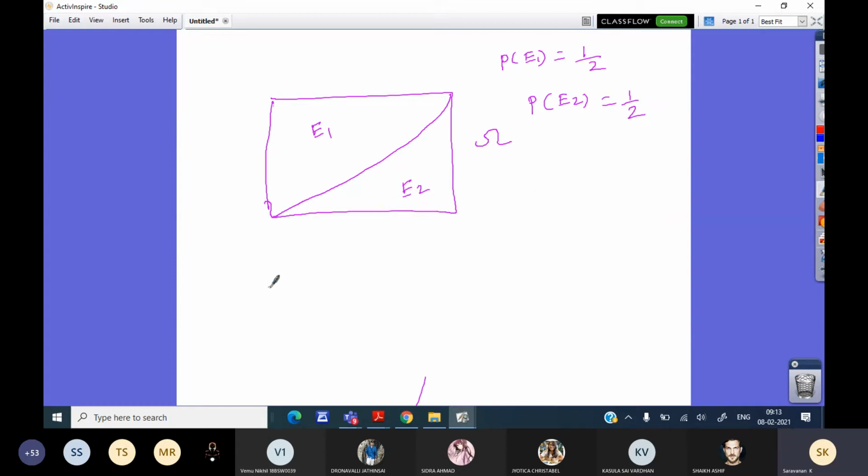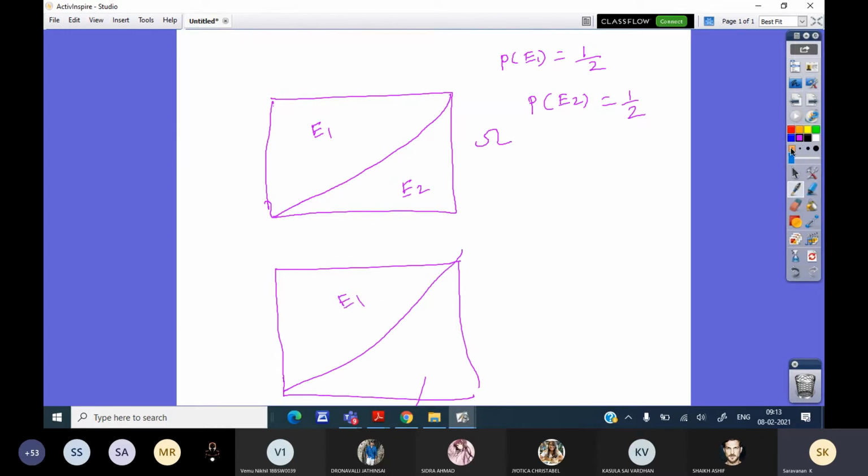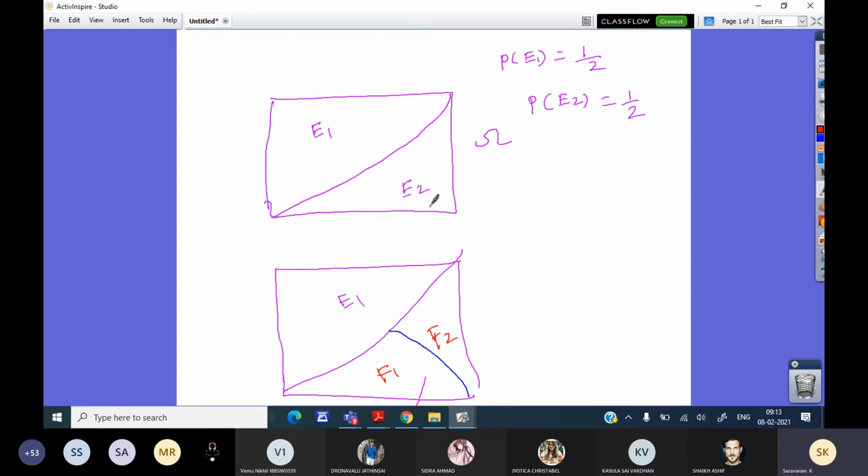Next, I'm going to divide this into the same one. I'm going to redraw. This is my E1, and maybe F1 and F2. I'm going to divide the E2 event into two sub-events. This is again the same sample space.